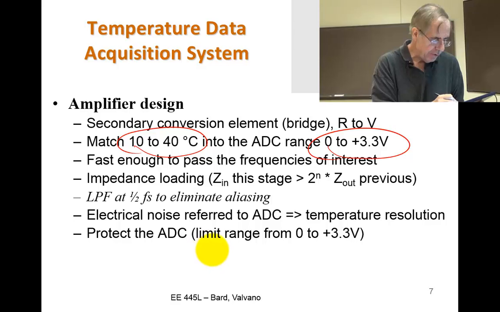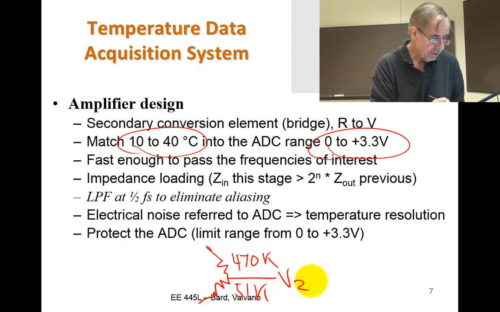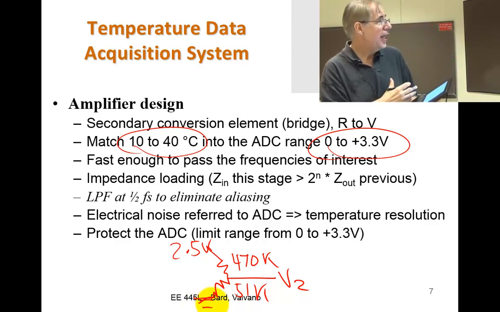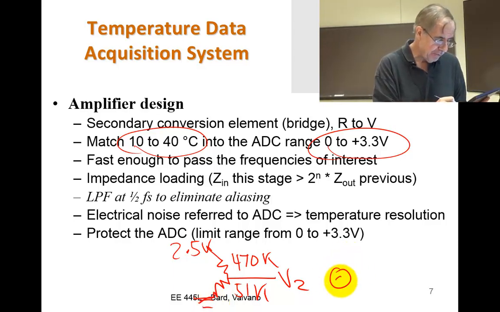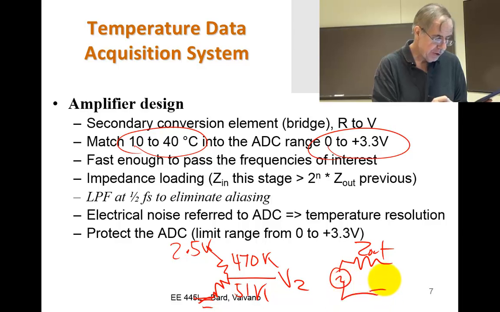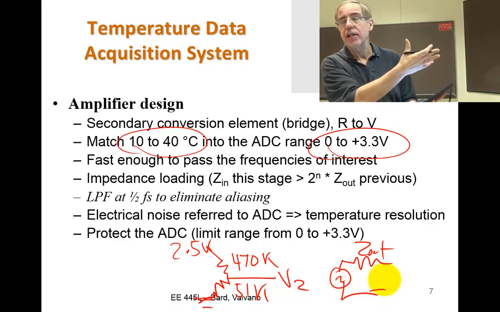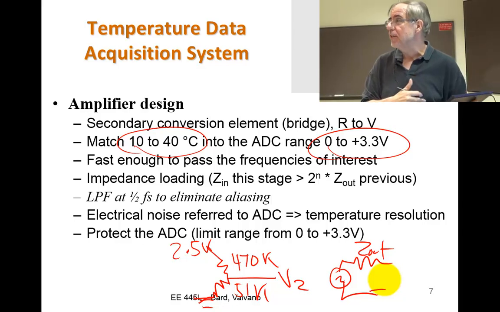This happened here. If you think about a bridge, let me just do this one fairly easily. 470K, 51K, and there's V2. This is a fairly simple circuit, and if you were to model this circuit as an output voltage and an output impedance, you could create a Thevenin equivalent of this circuit.